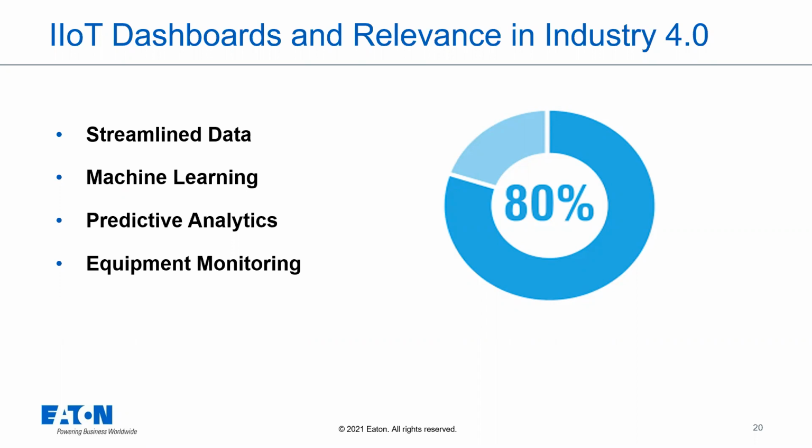So what a dashboard does is it gives you insight not only into what's going on with your industrial assets, but also how your human assets are faring with keeping up with your equipment, right?